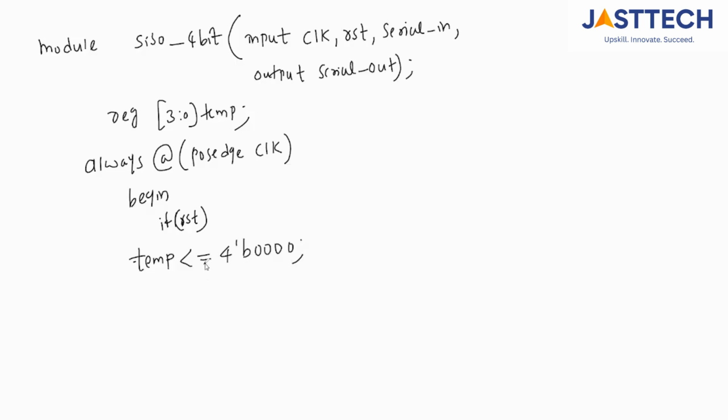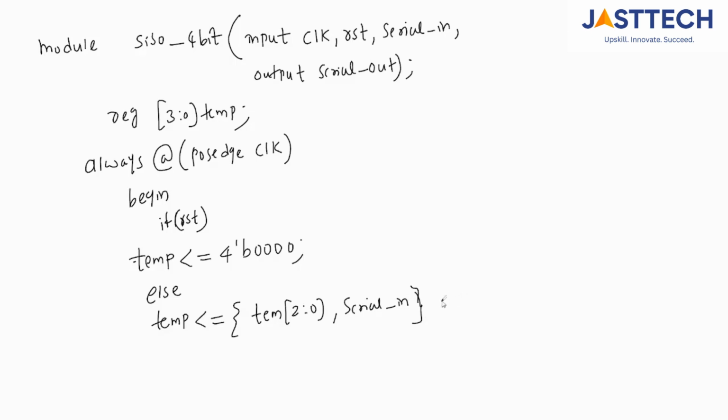H also, H means 1 bit I need to give. Else what I need to do, temp is non-blocking with temp of 2 down to 0, comma serial underscore in.